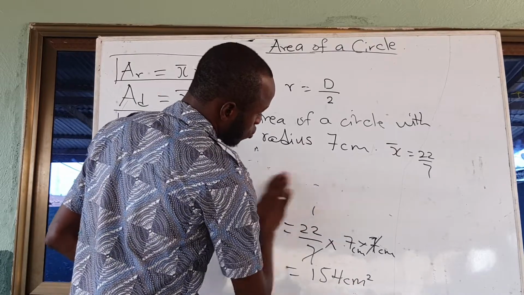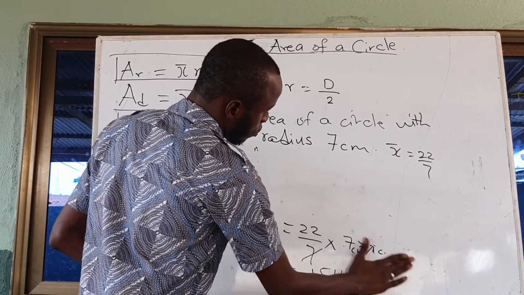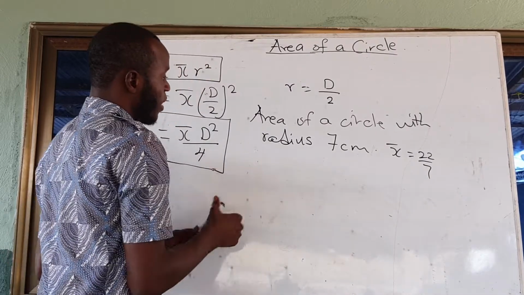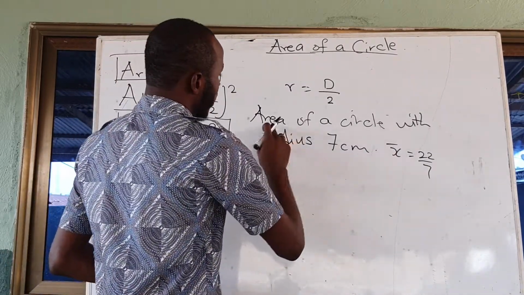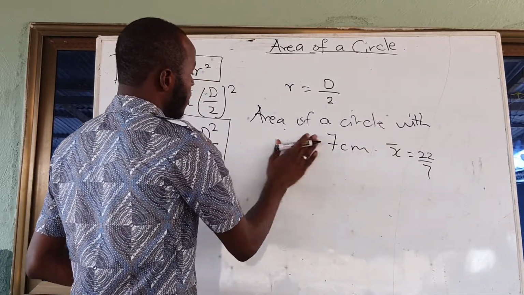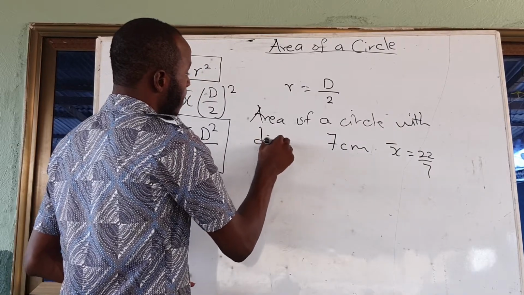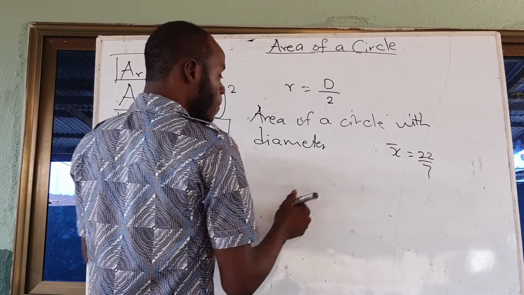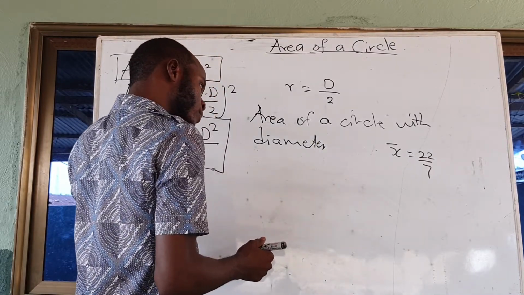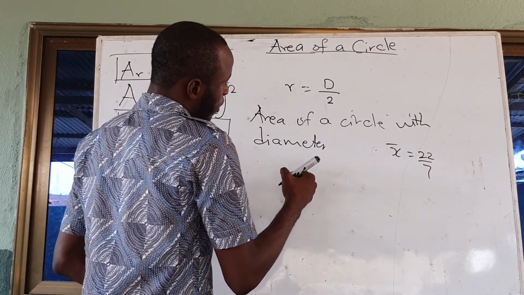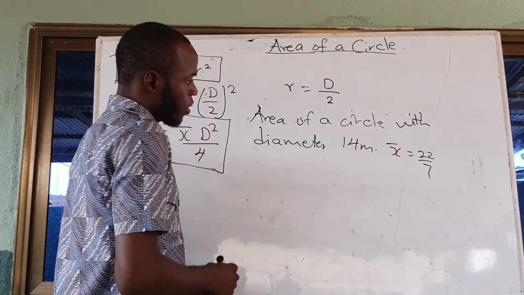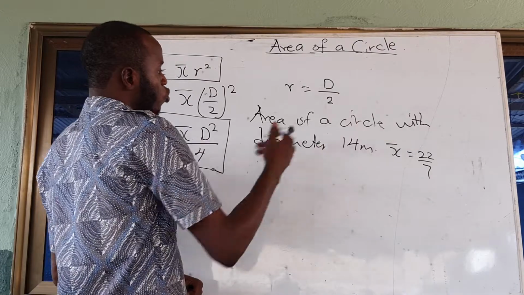Now let's quickly look at when the diameter is given to you. So, area of a circle with a diameter of 14 meters, pi is equal to 22 over 7.